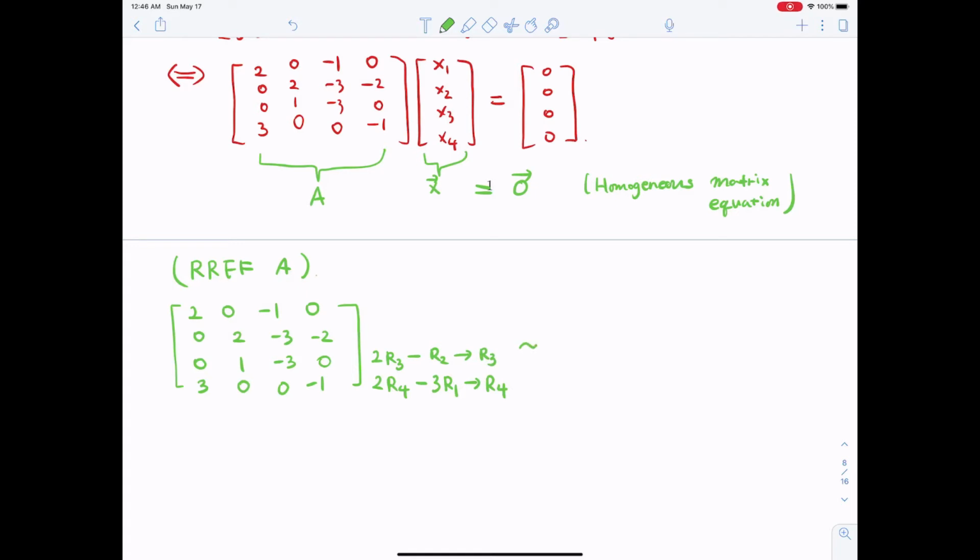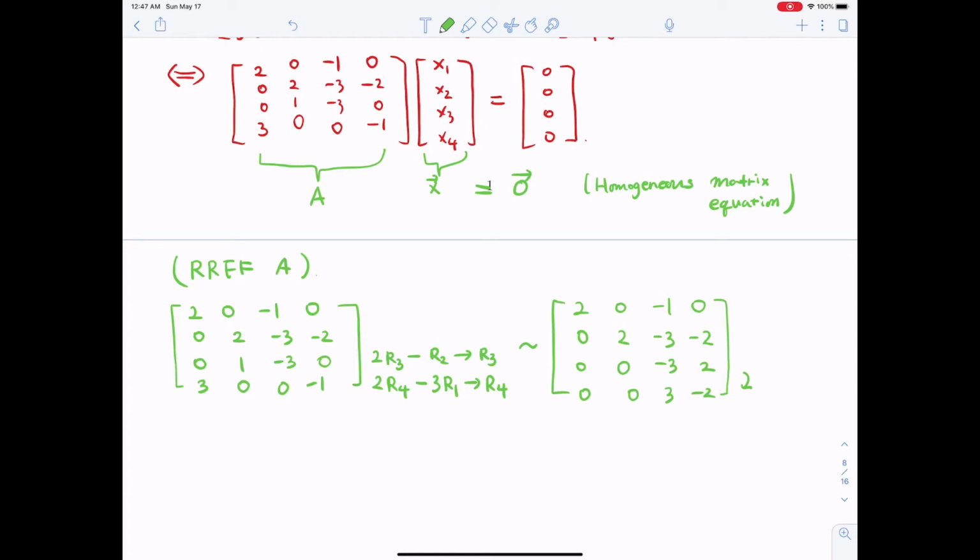Then the given matrix is row equivalent to the matrix with rows (2, 0, 0, 3), (0, 2, -3, -2)... more precisely 2, 0, -1, 0; 0, 2, -3, -2; 0, 0, -3, 2; 0, 0, 3, -2. If you add R3 into R4, we get a zero row in R4.